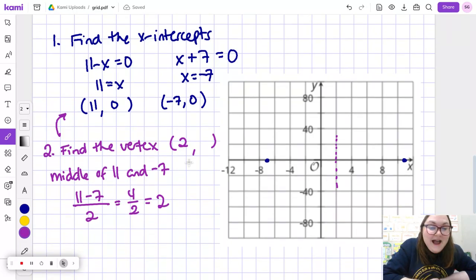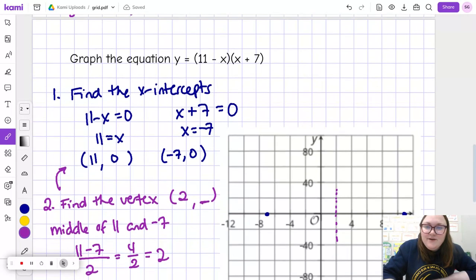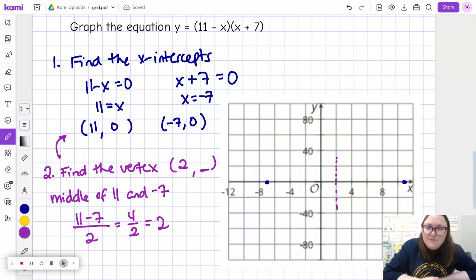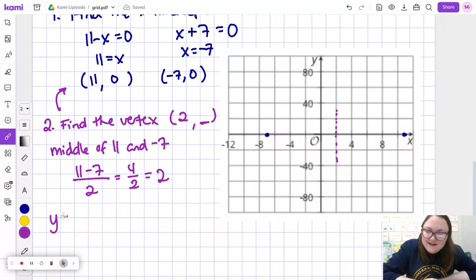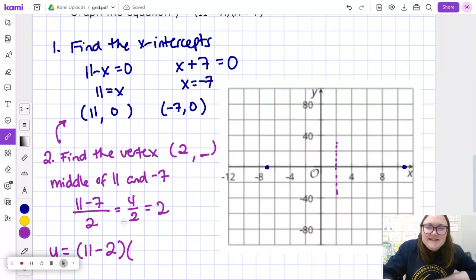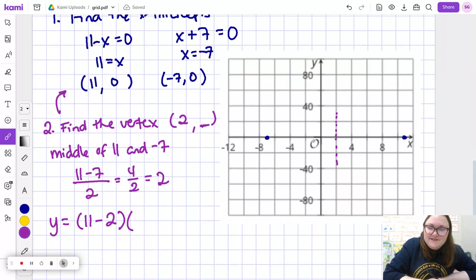For the last part, I've got my x-coordinate is 2. To find the y-coordinate, to find this number right here, I need to substitute. And so our equation was y equals 11 minus x, so y equals 11 minus 2, and then times x plus 7. So x plus 7 would be 2 plus 7.